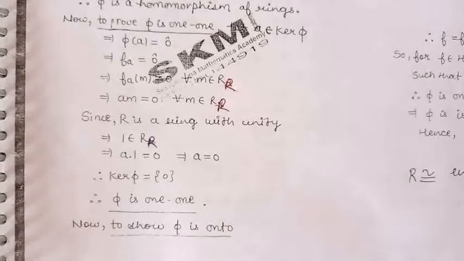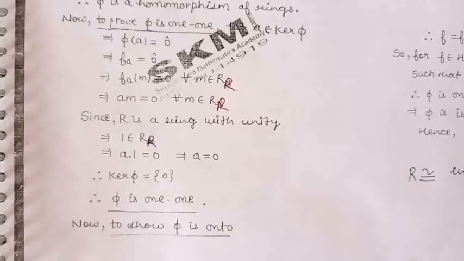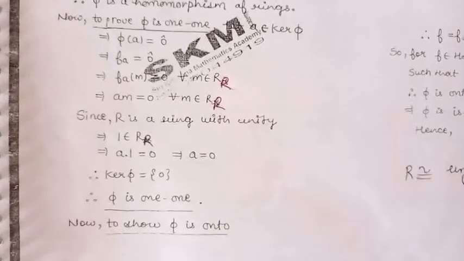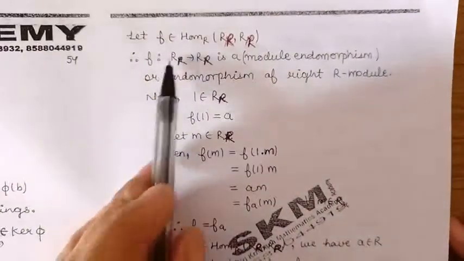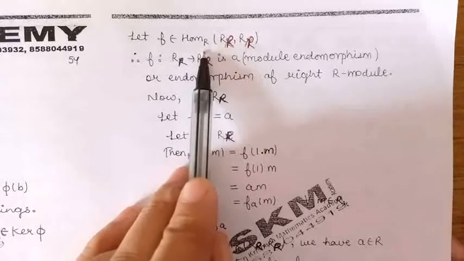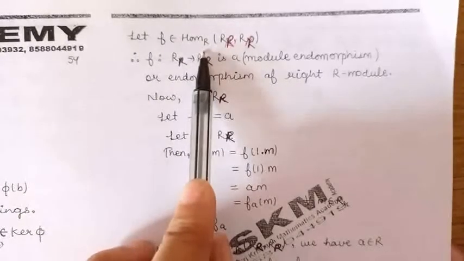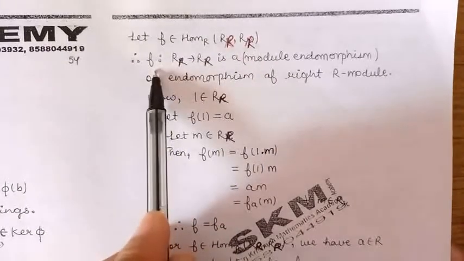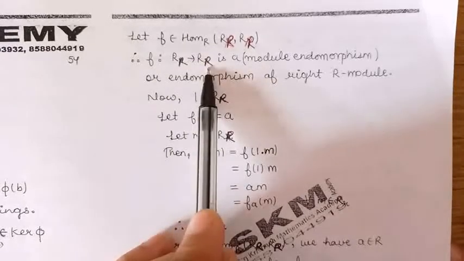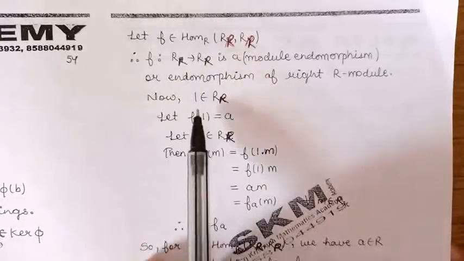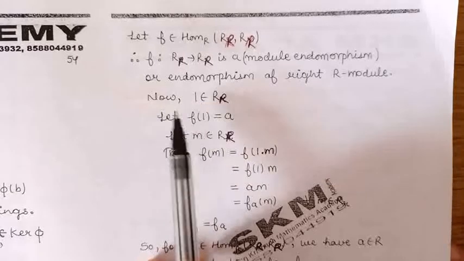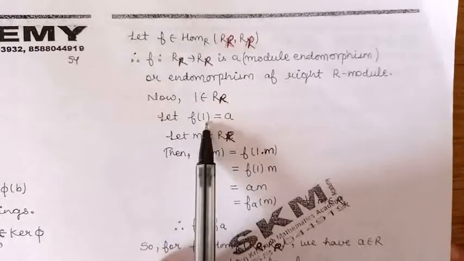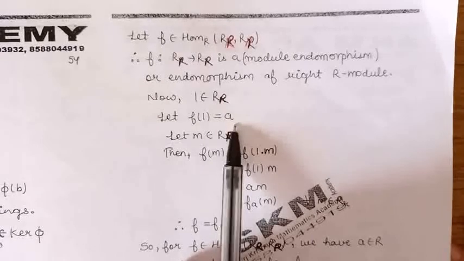Now, next we claim that the mapping phi is onto. To prove that mapping phi is onto, let us take an arbitrary element f belonging to the ring of endomorphisms of R. So by definition, f is a module endomorphism from R into R. Now, because the ring R has the unity, let us take the image of this unity element under the mapping f to be a.